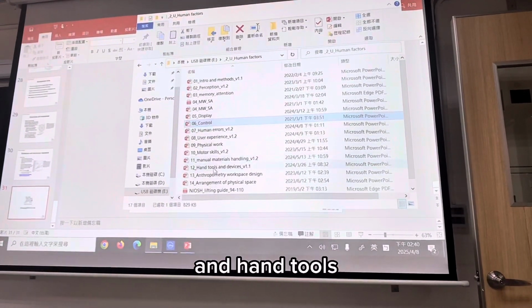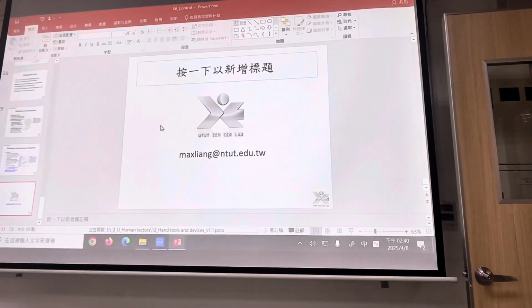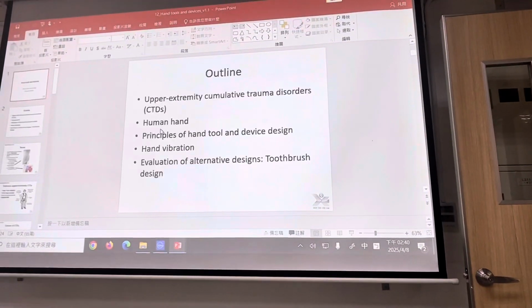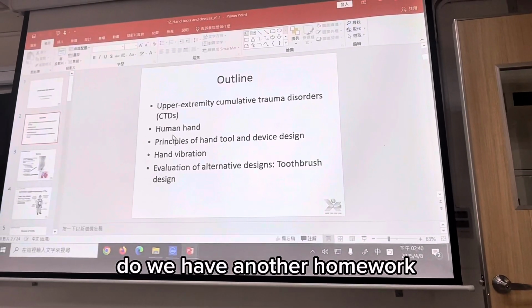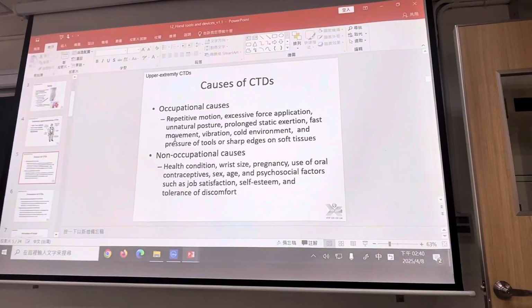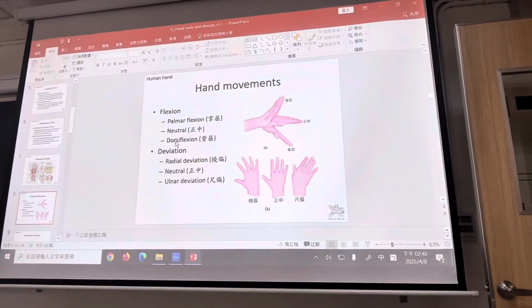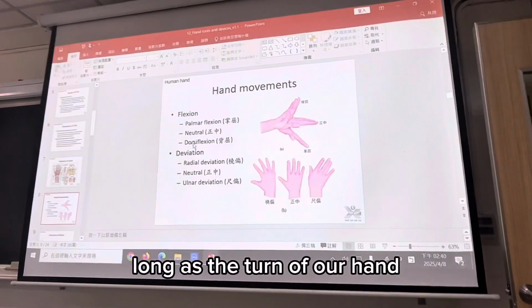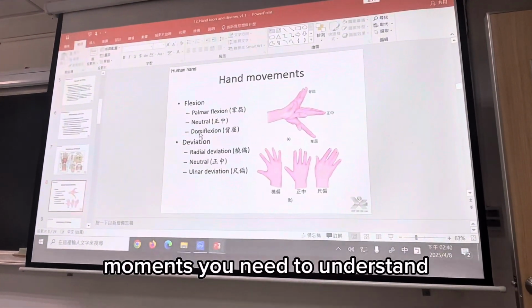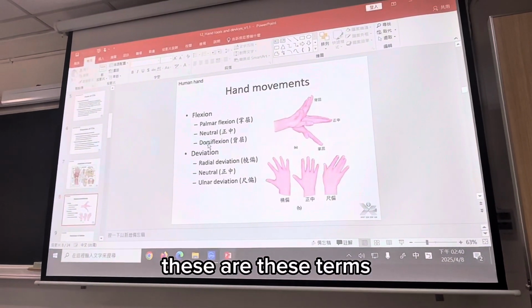And hand tools. So we have another homework. So there are terms about hand movement. You need to understand these terms.